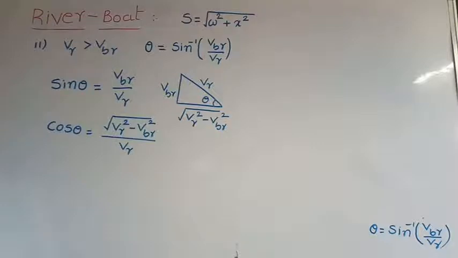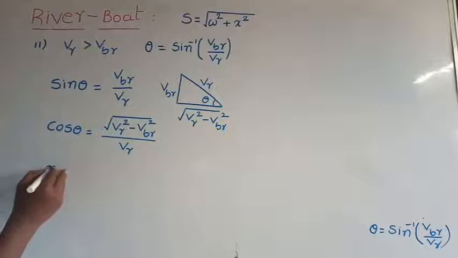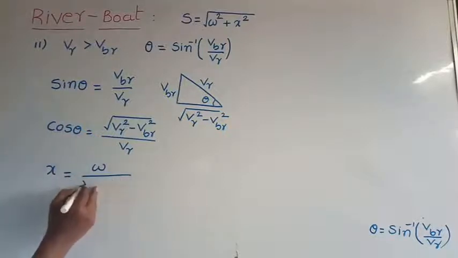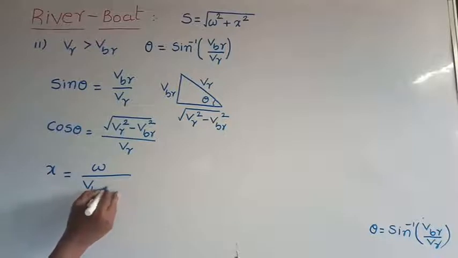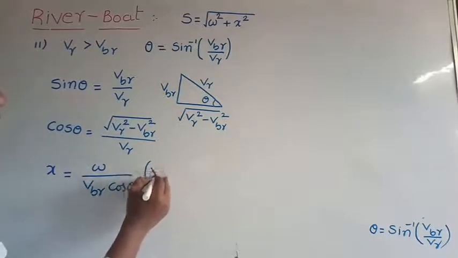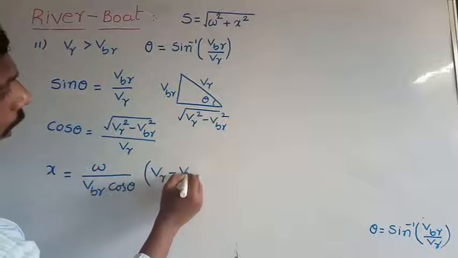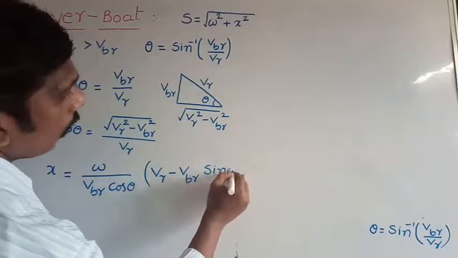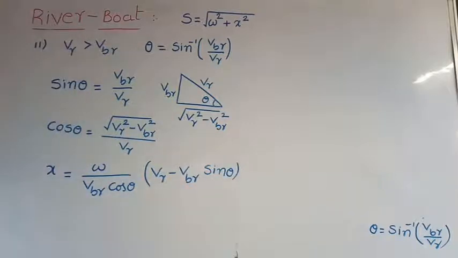Sin theta, cos theta both values substituted in equation x. We know x is equal to formula. X is equal to W by VBR into cos theta into VR minus VBR sin theta. So cos theta value, sin theta value substitute in this equation.